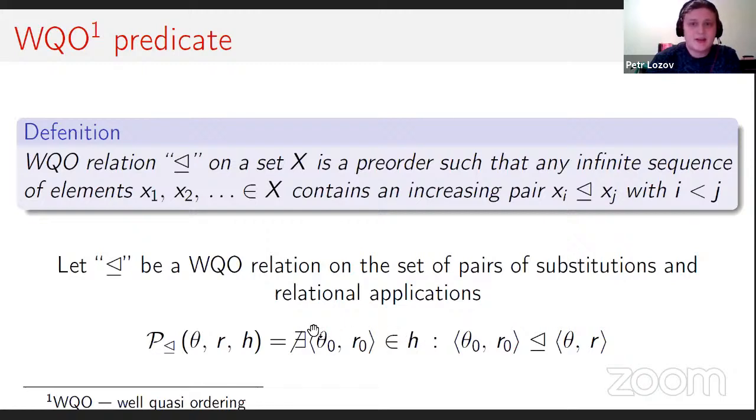As a result, any well-quasi-ordering predicate excludes the possibility of an infinite history. Therefore, it prohibits the infinite evaluation of one conjunct.